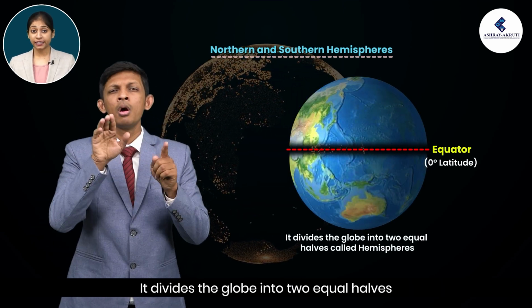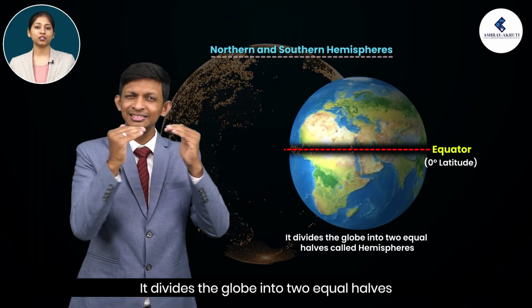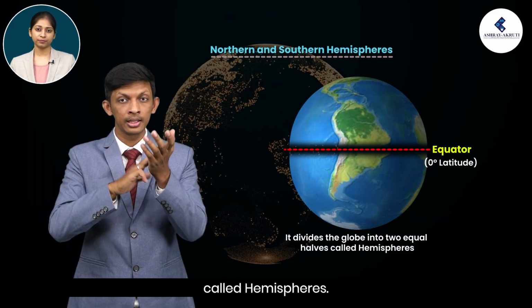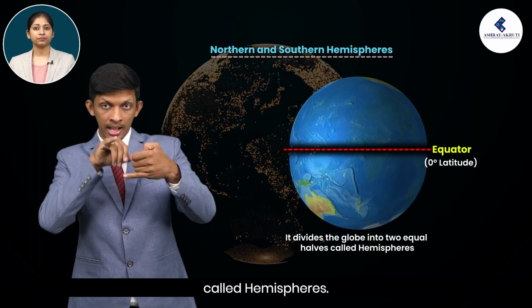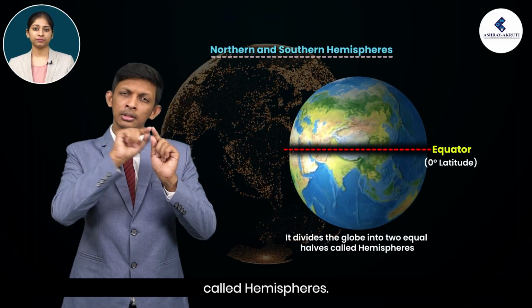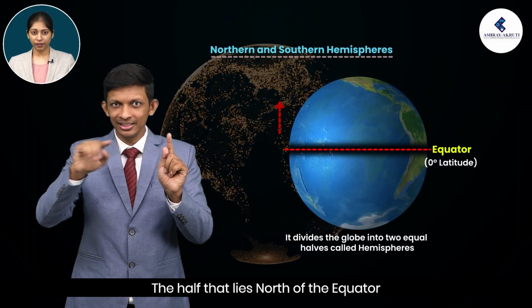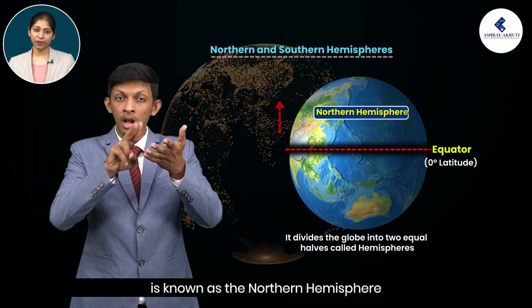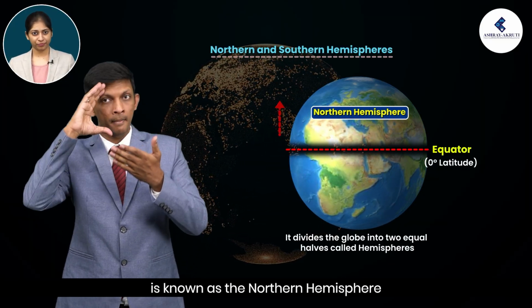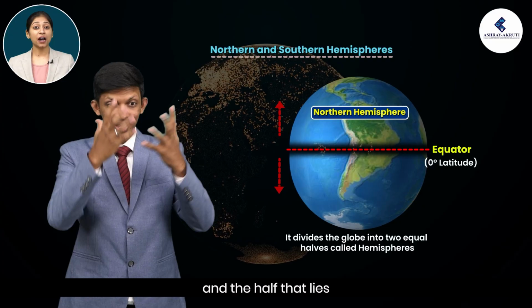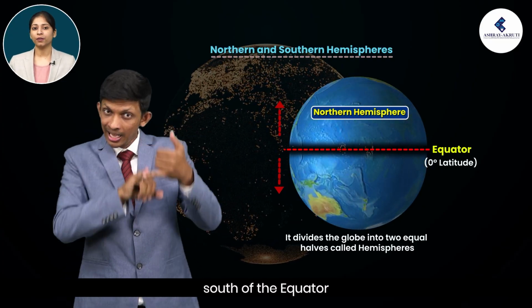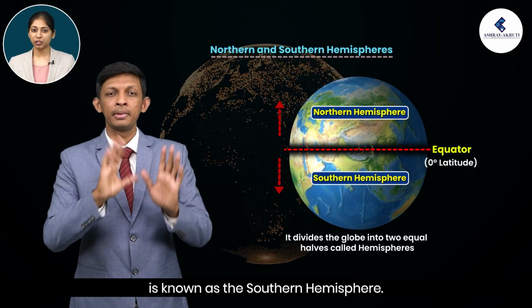It divides the globe into two equal halves called hemispheres. The half that lies north of the equator is known as the northern hemisphere, and the half that lies south of the equator is known as the southern hemisphere.